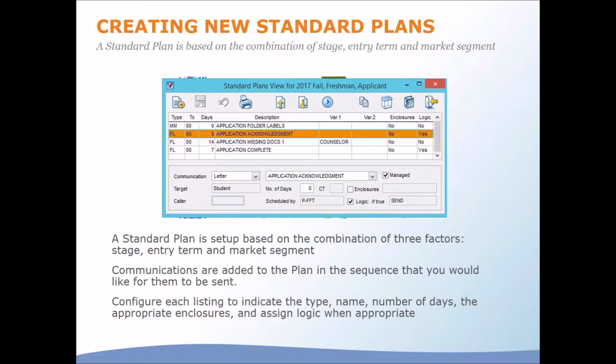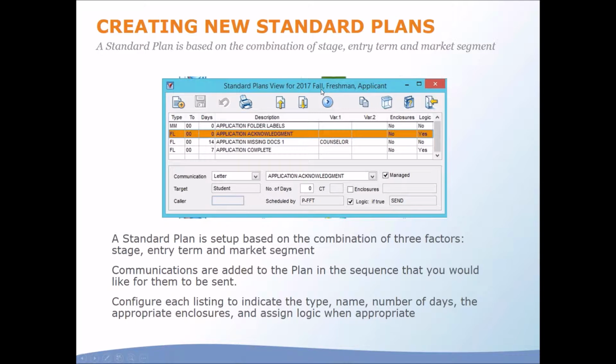And so how does the program know what the appropriate student is? It knows because when you set up the standard plan, you tell the system that the plan is designed for students at a particular stage with a particular entry term and a specific market segment.